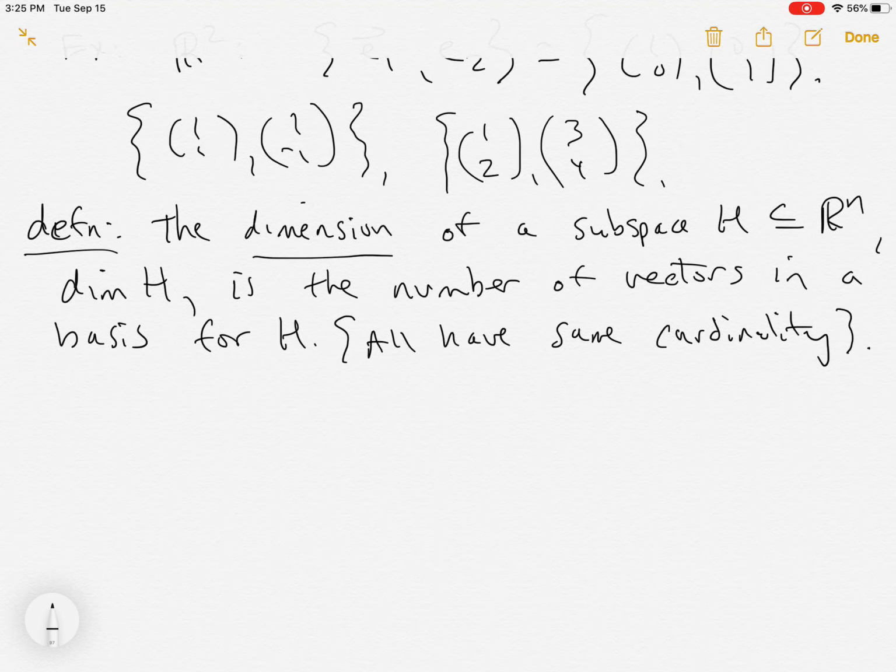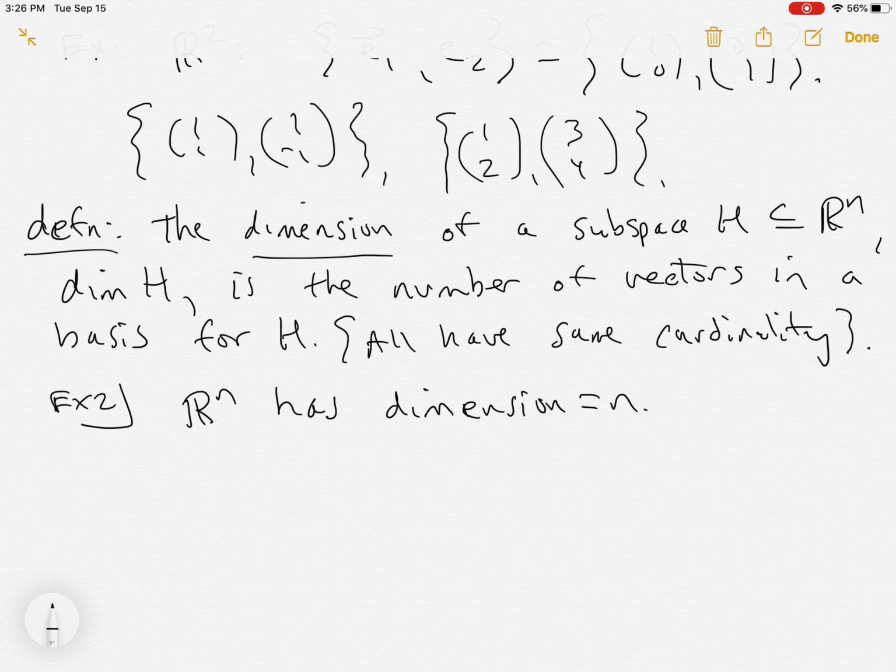So any basis for R2 is going to have 2 vectors. Any basis for R3 is going to have 3 vectors, etc. So Rn has dimension n. Okay, so now we've defined dimension.